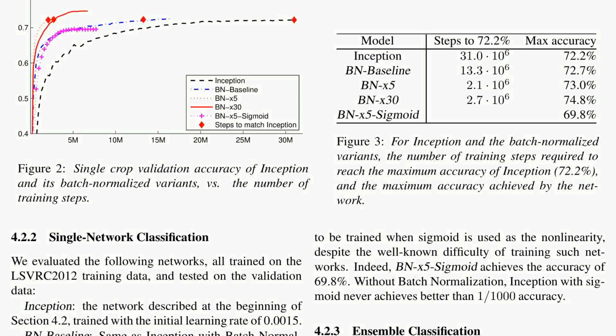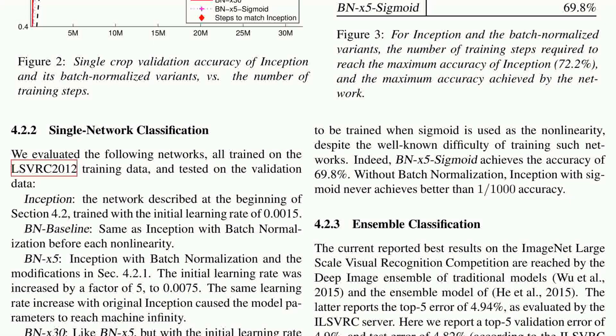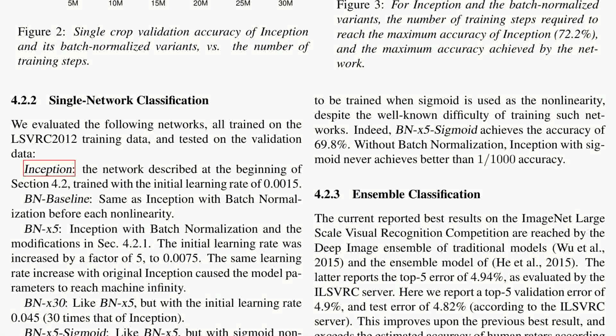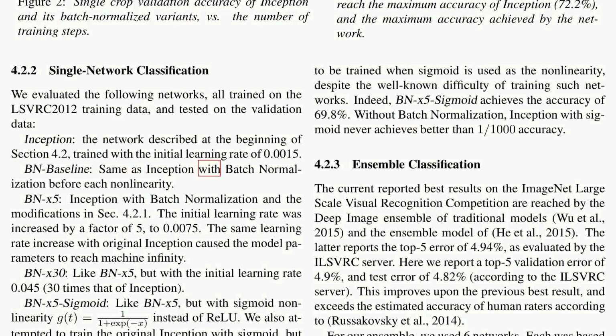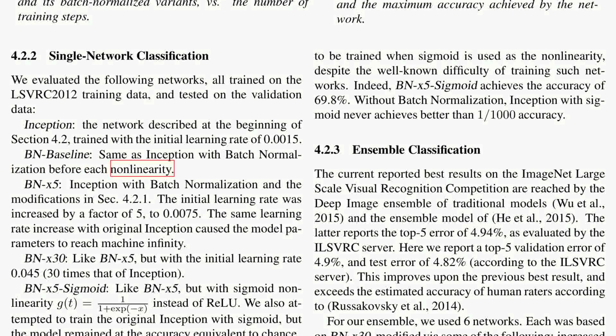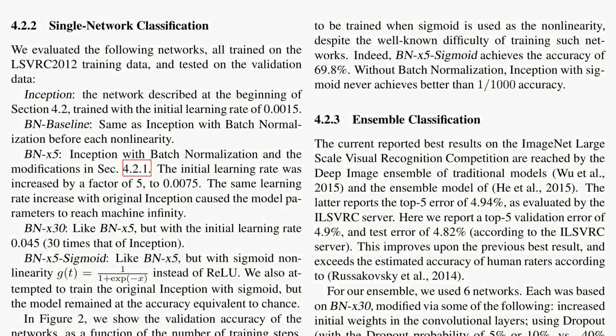Single network classification. We evaluated the following networks, all trained on the LSVRC2012 training data and tested on the validation data. Inception: the network described at the beginning of section 4.2, trained with the initial learning rate of 0.0015. BN-Baseline: same as Inception, with batch normalization before each nonlinearity. BN-x5: Inception with batch normalization and the modifications in Sec. 4.2.1.